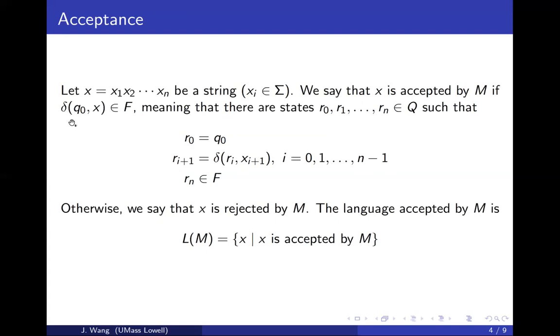Let me give you some idea. Let's say we have X1. You go, now this is the initial state. So it's X1, then you look at X2, you go to the next state.